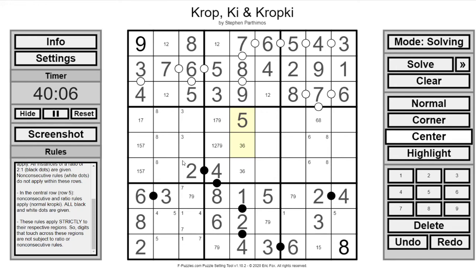No, you know what, that definitely doesn't apply, because conversely, right here, 3 and 6 are a ratio. The puzzle wouldn't be completable if I went with that interpretation. So, yeah. I'm just confusing myself.